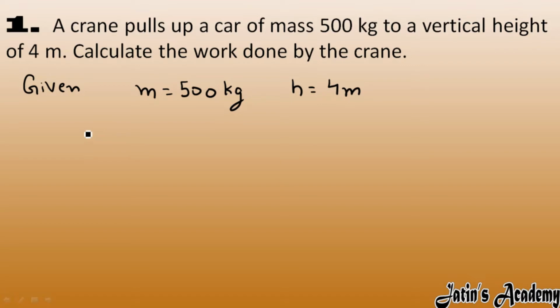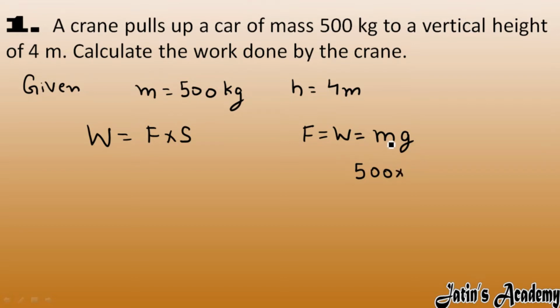We know that work done is equal to force into displacement. So in this case, what is force? Force is actually the weight of the body. So weight of body in this case is m into g. Mass we have 500 kg, and gravity, if it is not given, then we have to take 9.8. If 10 is given, then we will take the value 10.